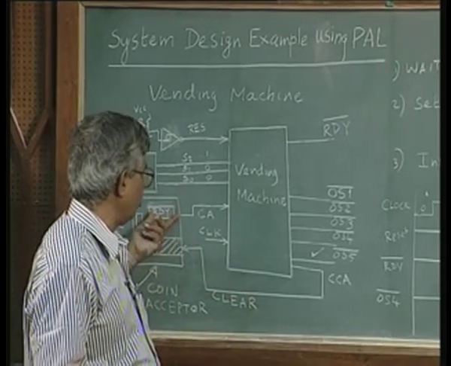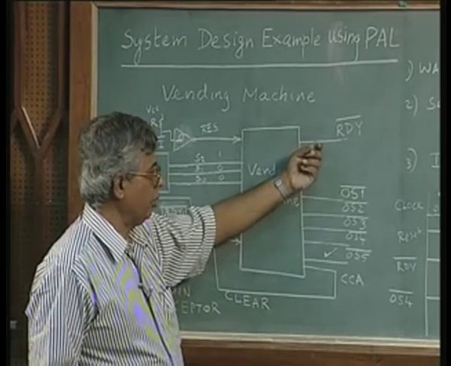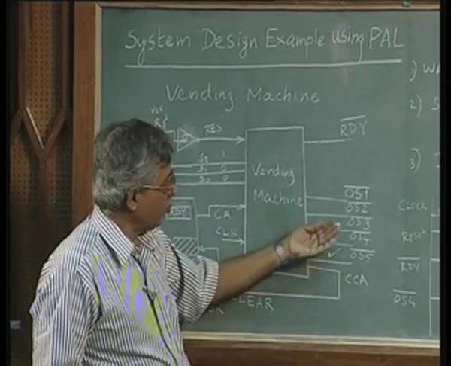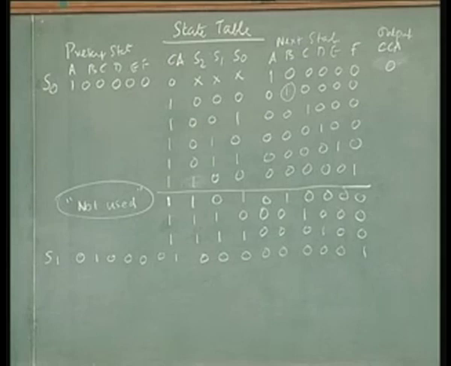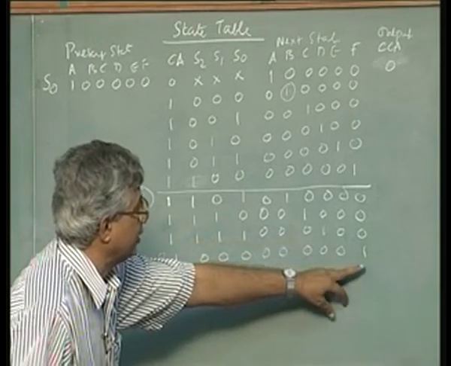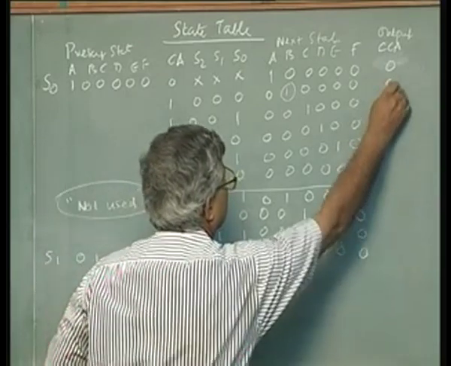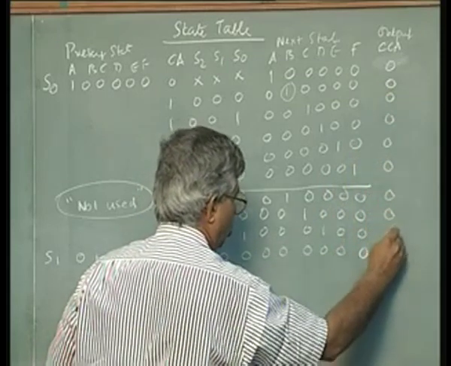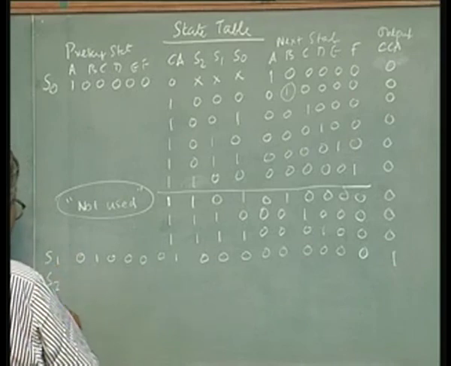coin and make it ready for accepting the next coin, and these 2 may be tied together. Only when we go from the state after dispensing the beverage, it will go to the next state. So, this CCA will be one, that is only when S2, then S3, S4, S5.